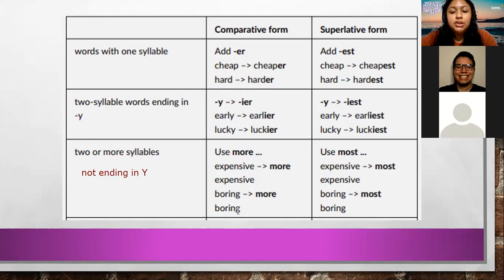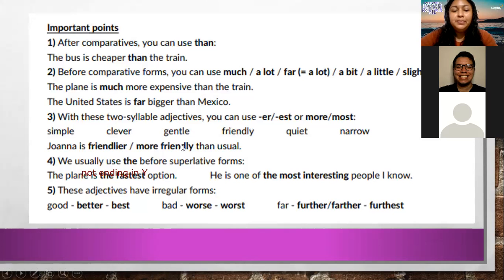Okay. So this is what we need to keep in mind in order to know when to add -er when we're comparing, and when to say more, and when we want to focus on one item, when we're supposed to add -est, or when we're supposed to say the most. Okay, let's see.